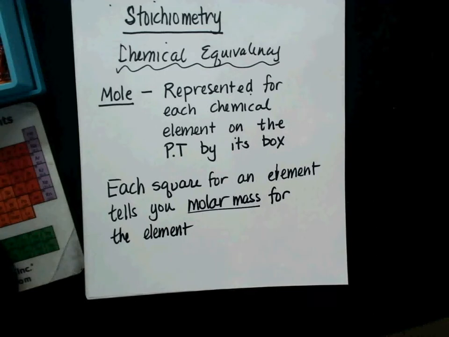So we can call that, off of the periodic table, if we round it, mass number. If we're using it to calculate parts of a compound, we call it molar mass. We can also call it average atomic mass because it's the average of all the weighted isotopes. So really that means three different things. You should know those three different things.